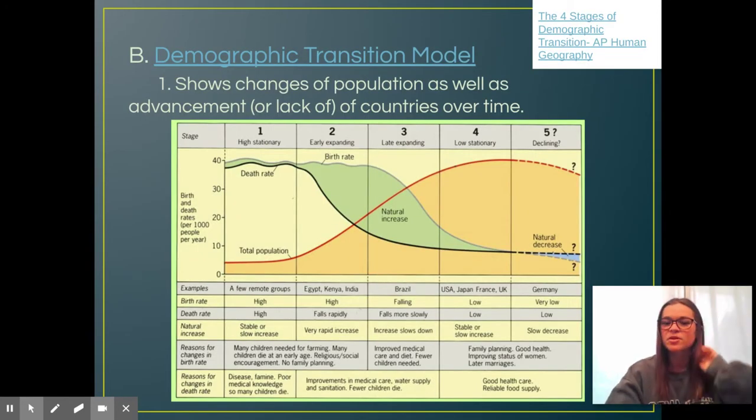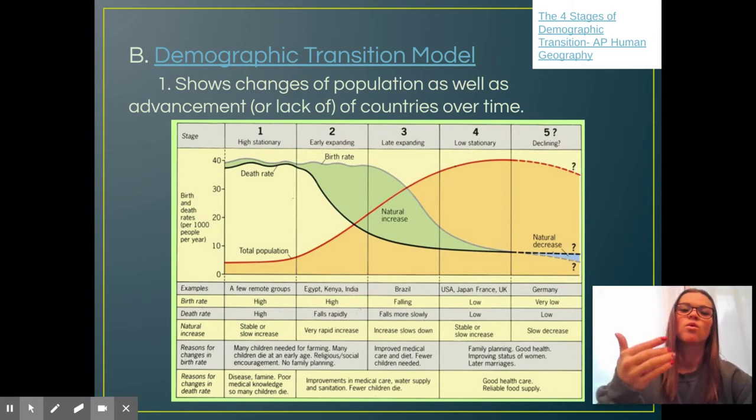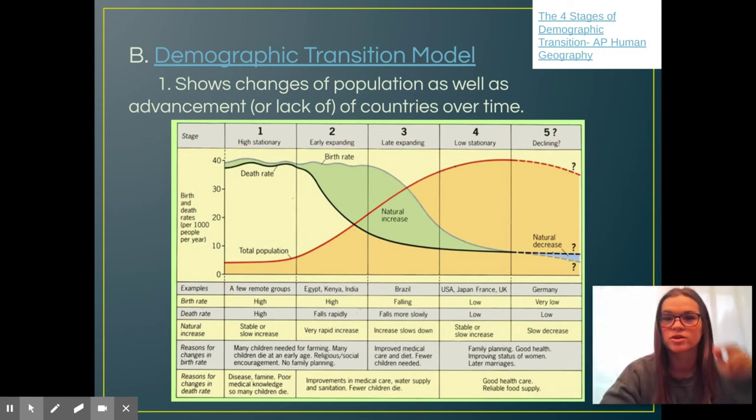So, the demographic transition model. How we'll define this is it shows changes of population as well as advancement or lack thereof of countries over time. Okay, so the DTM shows changes of population and advancements or lack of advancements of countries over time.